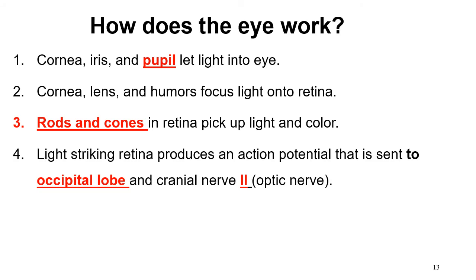Light striking the retina produces an action potential. An action potential is a change in charges. We've reached threshold, a stimulus has created this action to happen, and depolarization occurs. This action potential is sent to the occipital lobe of the brain via cranial nerve 2, which is the optic nerve. The brain then processes the image.